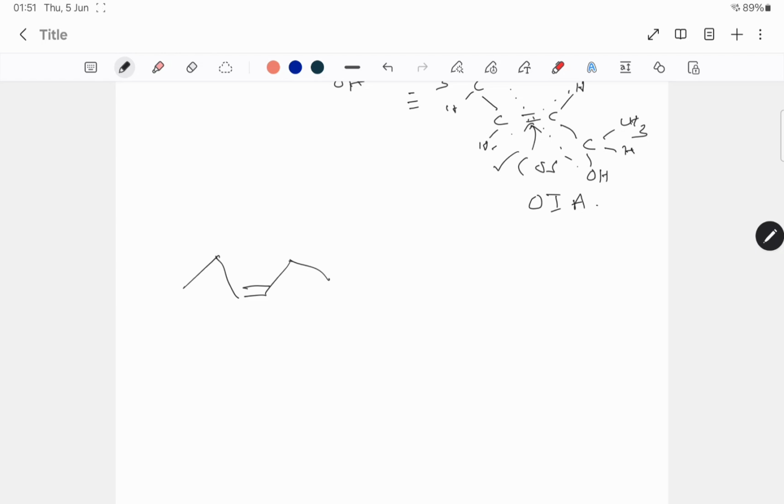This is one configuration of the cis, where this is a cis configuration across the double bond, and both the OH are above the plane. You don't need to draw the skeleton diagram for this one. From simply this one, both are above the plane, both are cis with respect to one another.